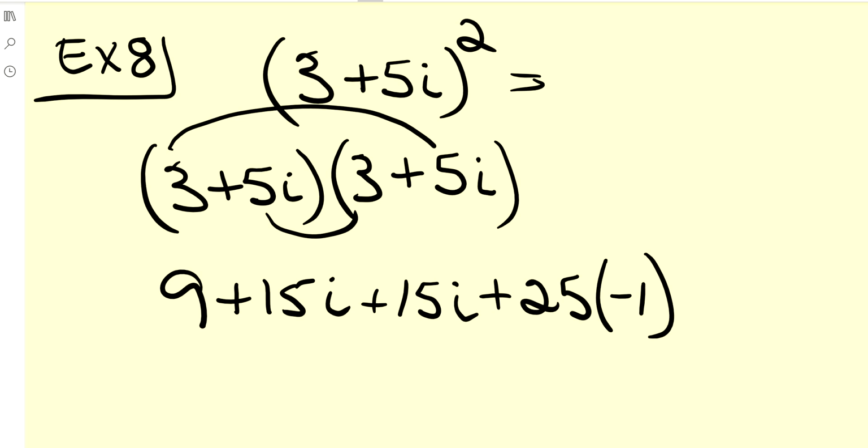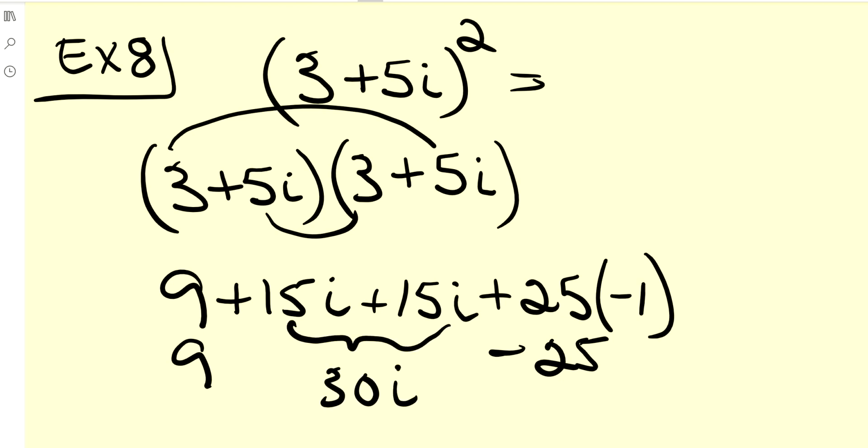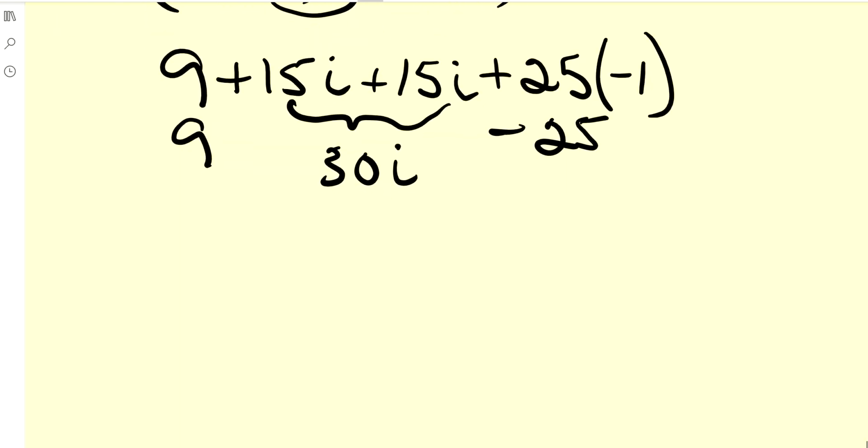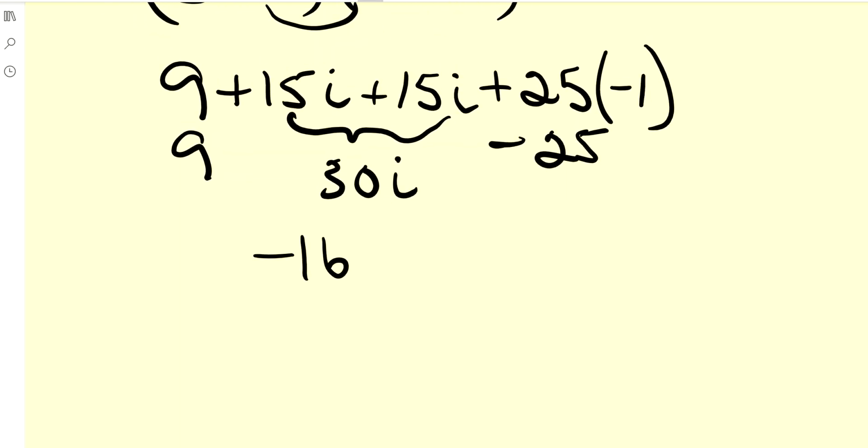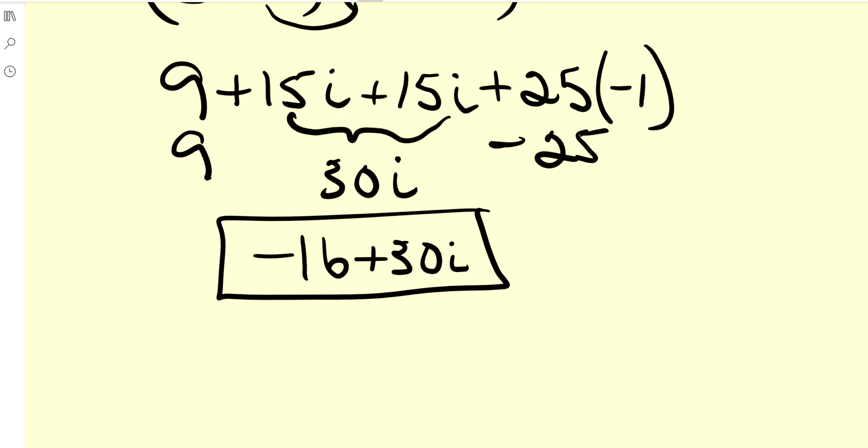And then I've got 9 minus 25, and that's -16. My two middle terms add up to be 30i. So I got -16 plus 30i. How's that look?